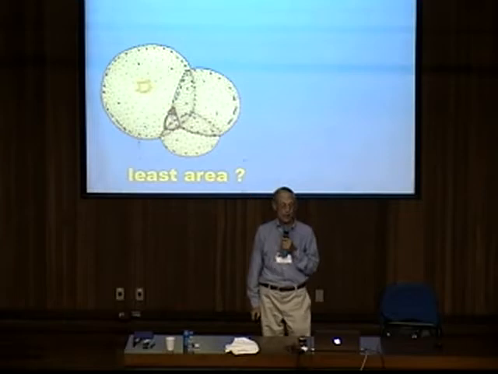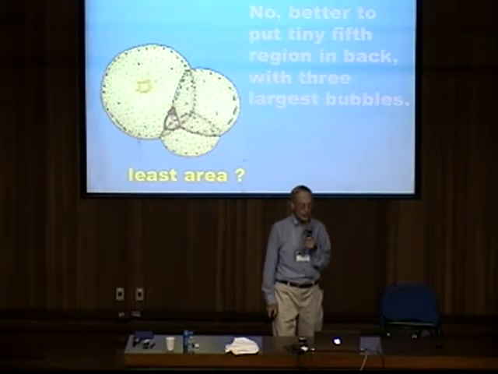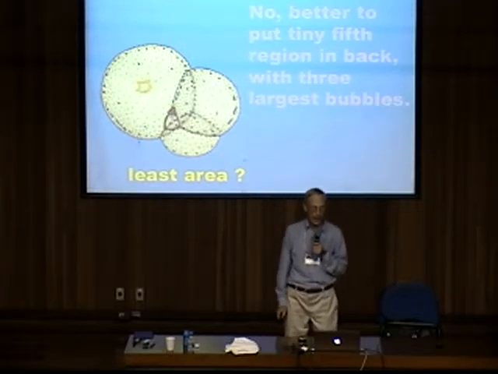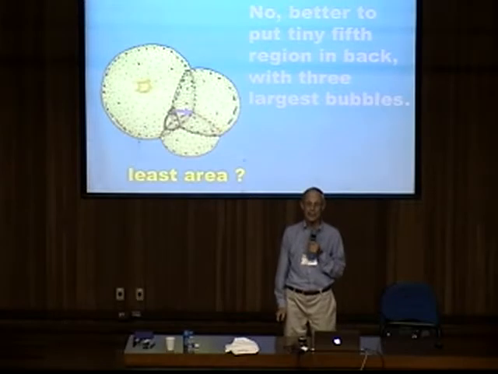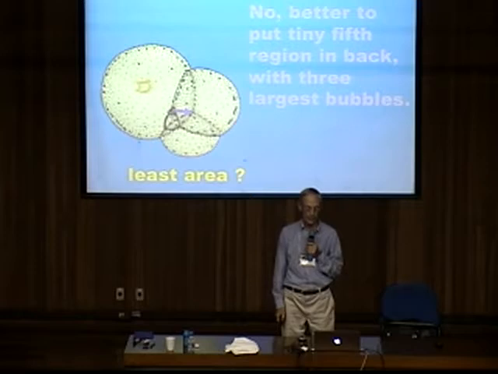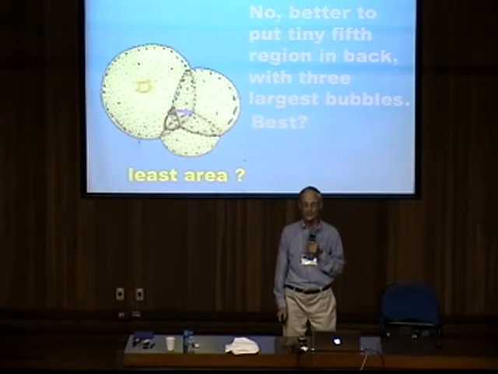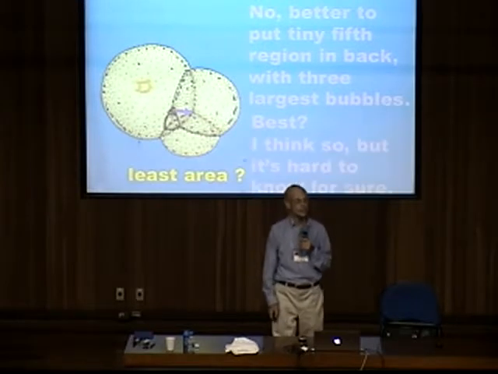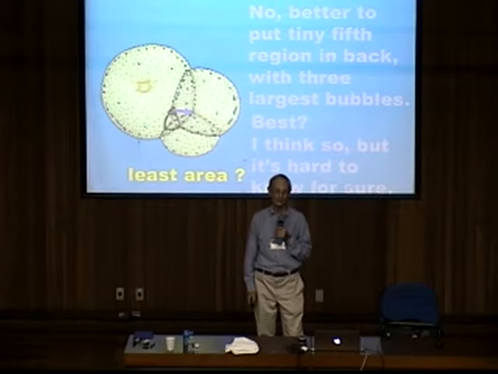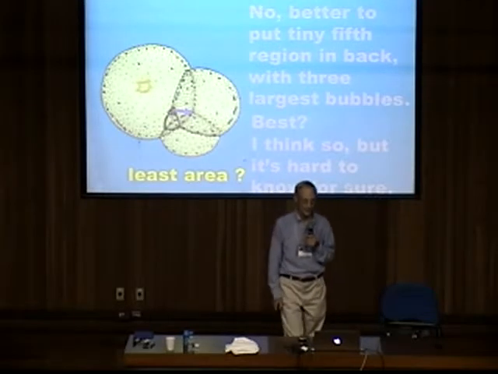No was right, because it would be even better to put that tiny 5th volume in back, where it would be even more comfortably settled among the 3 largest bubbles. That would be even better. And then, is that the best? Well, I think so, but it's hard to know for sure. Nobody knows.